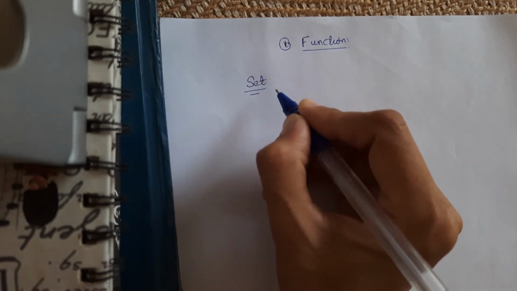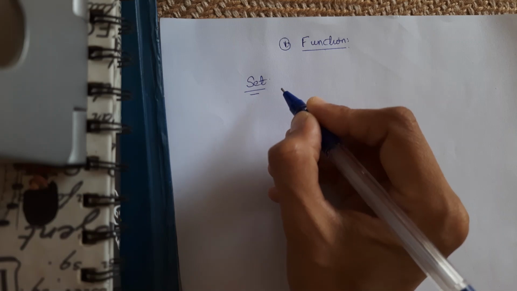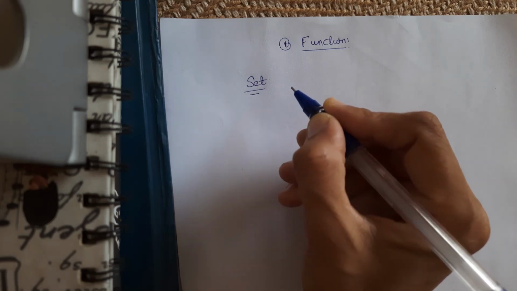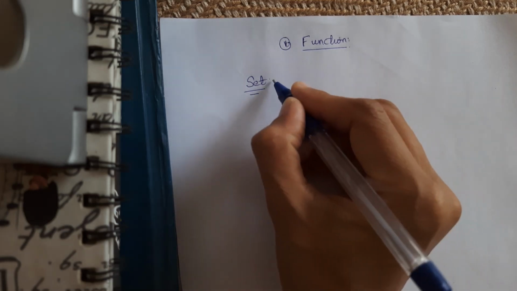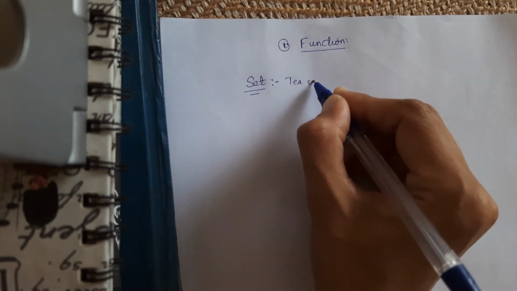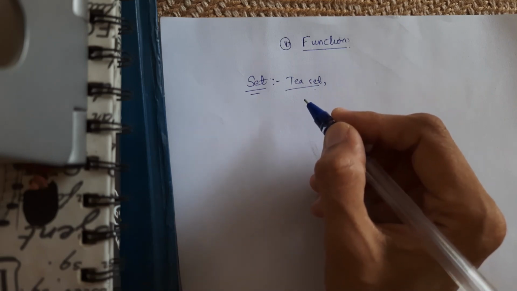This set thing you already know, you have studied it, but I am just reviving it for you. A real life example of a set is a tea set. We have all heard about this tea set. What does this tea set contain?